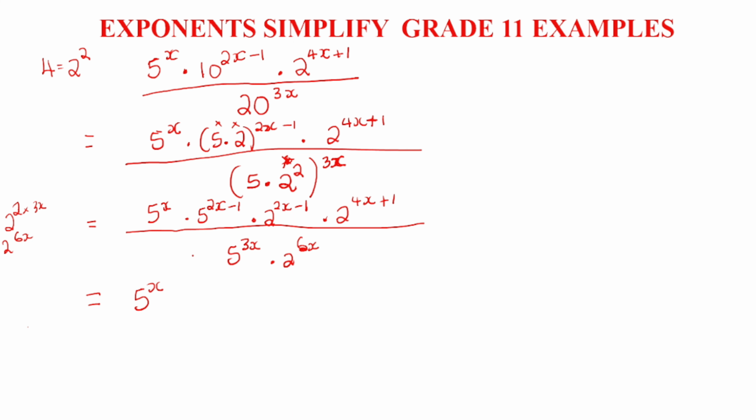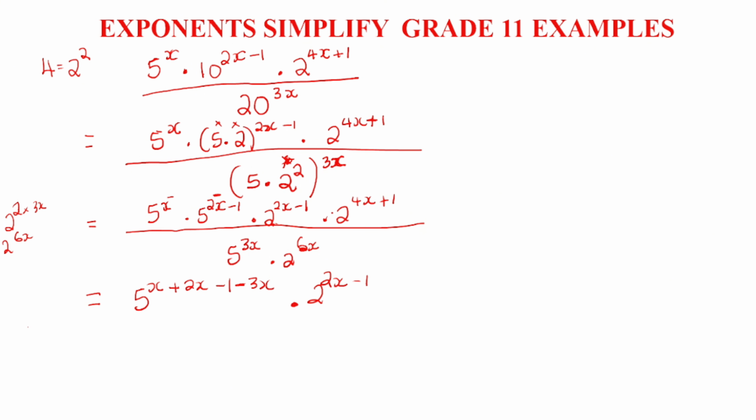Here the bases are the same, therefore we add the exponents, which is x plus 2x minus 1. And this one, the bases are the same and we're dividing, so we minus the exponent, which is minus 3x. Then multiply by 2 to the power of 2x minus 1.